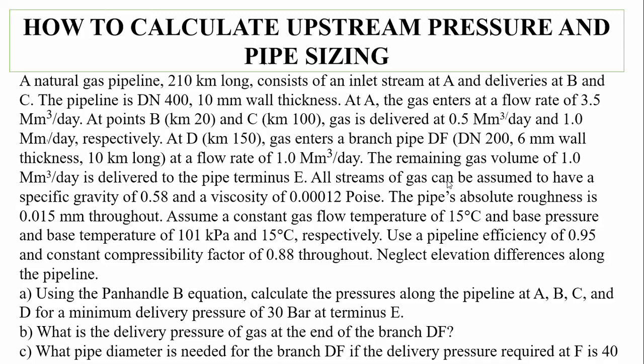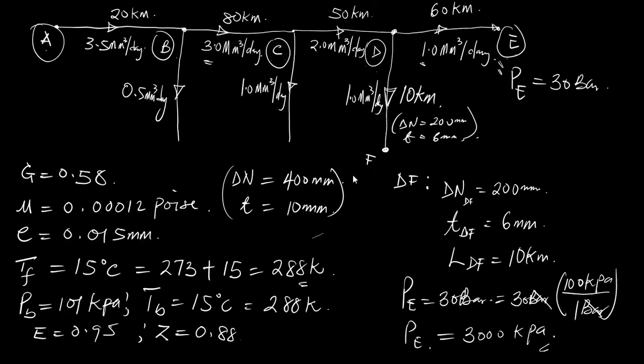So now DF, we know the flow rate, which is 1. We know the length 10 kilometer, which is this. We know the flow rate, we know the outer diameter, we know the thickness. So now let's work it out.